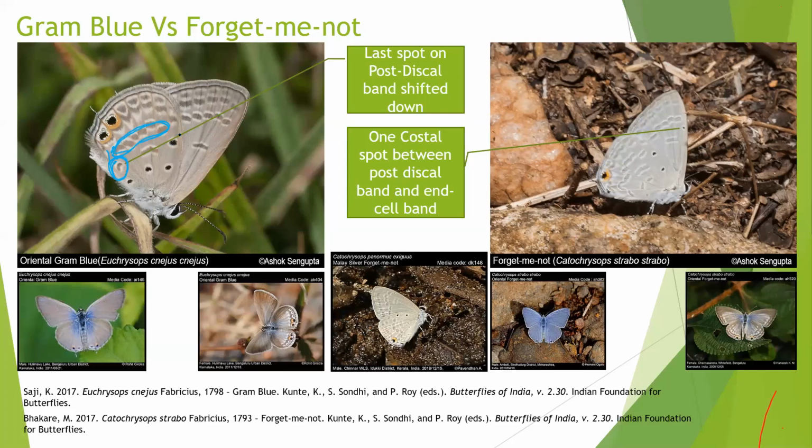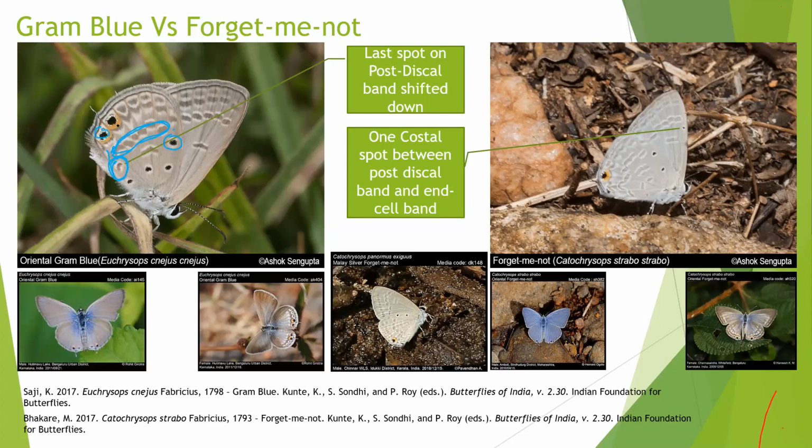Secondly, the coastal spot on the hindwing is also at a different distance from the postdiscal band. This coastal spot in the hindwing is at a distance from the postdiscal band. That makes it a gram blue. And also, you see that two orange-crowned tonal spots are there.